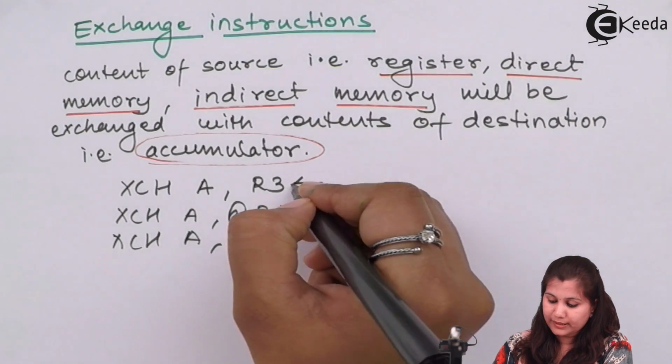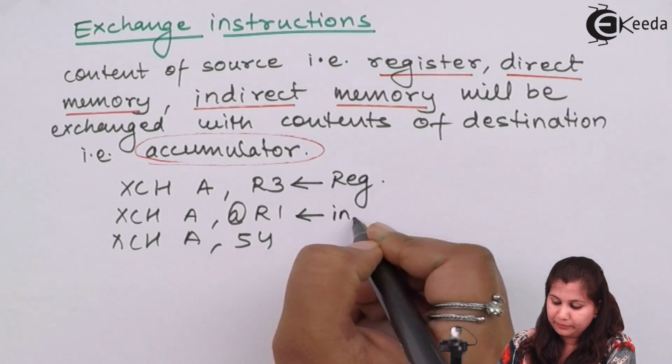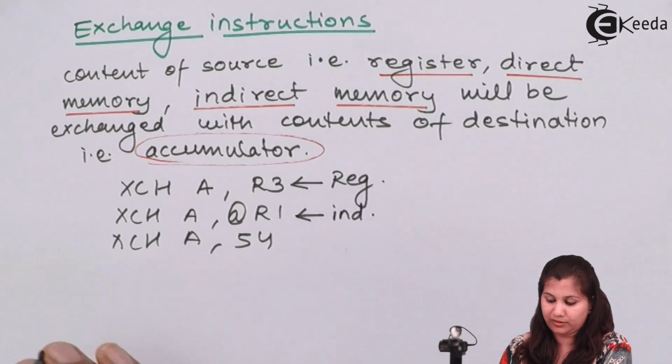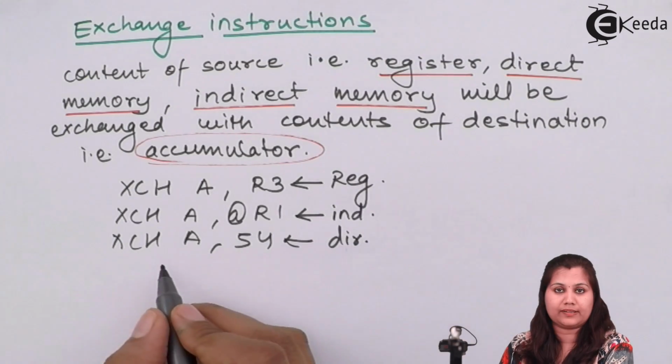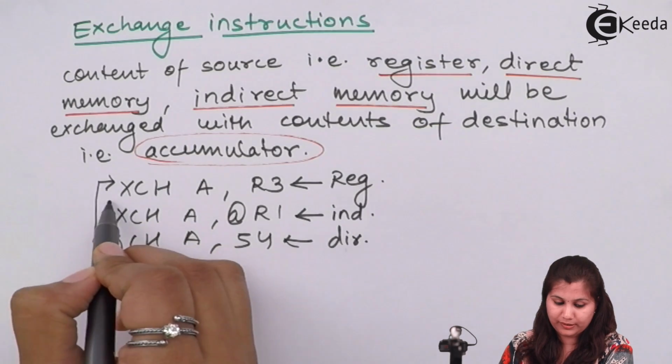Here the source is a register. Here the source is an indirect memory because the memory address is stored in the R1 register, and here we are directly writing the address. Okay, so these are the three types of exchange instructions.